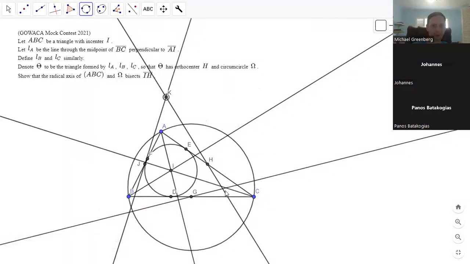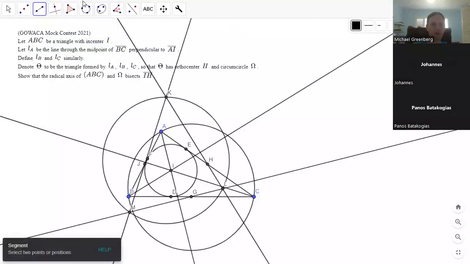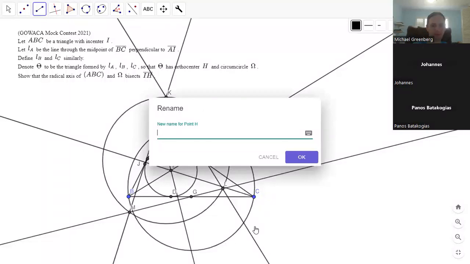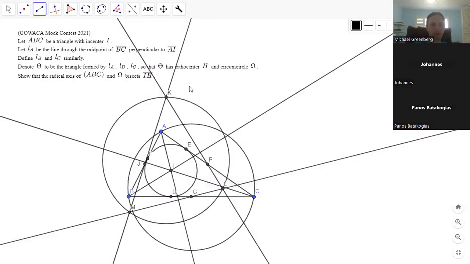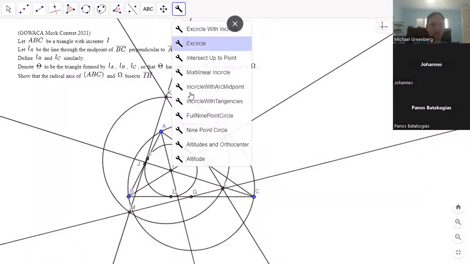So we have 1, 2, 3. And we want to show it bisects IH. I need to rename this. Call this P. But H would be, oh, it looks like I don't have an orthocenter here.